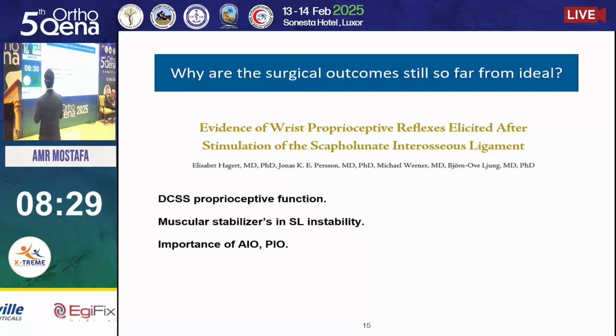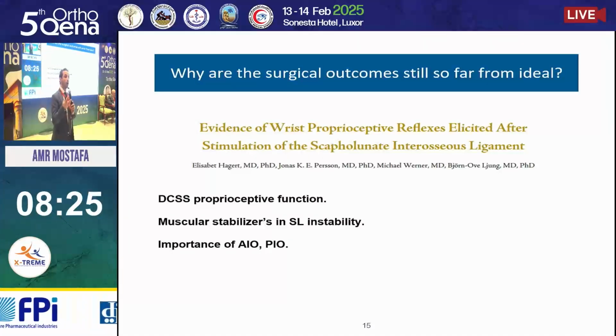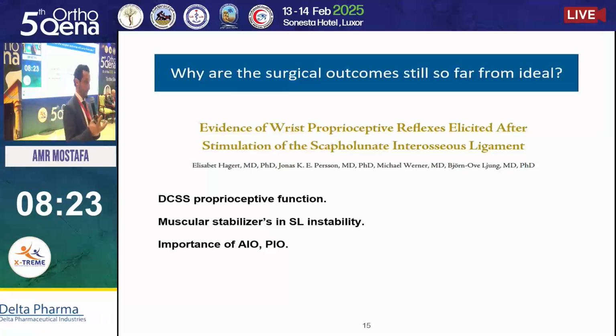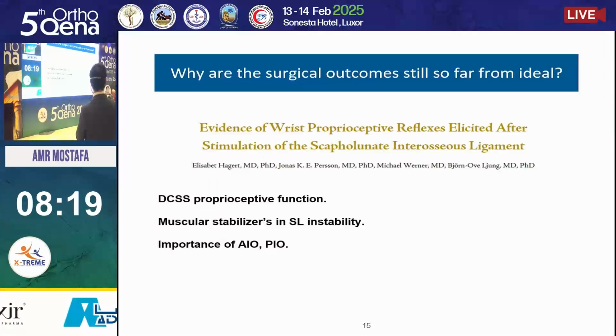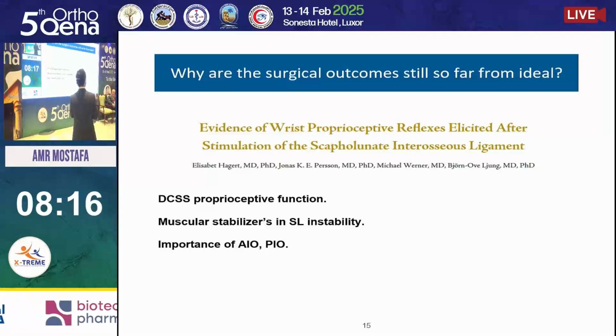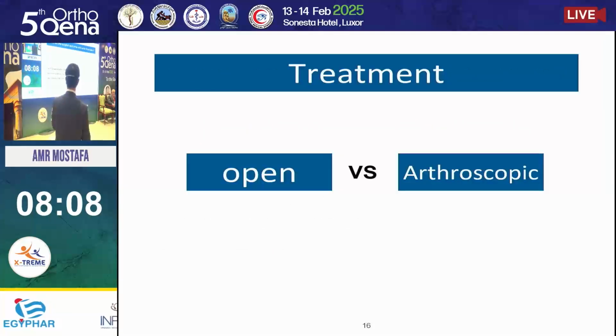Secondly, came Elizabeth Haggard and stated the importance of the proprioception for the wrist and the importance to preserve the nerves. As Professor Garcia Elias stated, he tried to preserve the nerves as much as he can because this helps to maintain the proprioception. So this protects the wrist further.